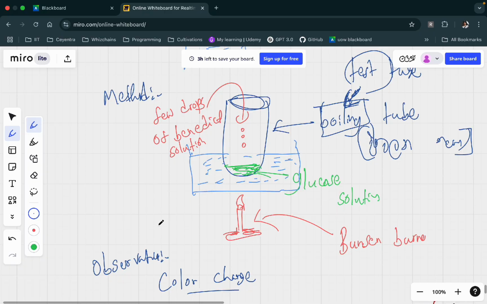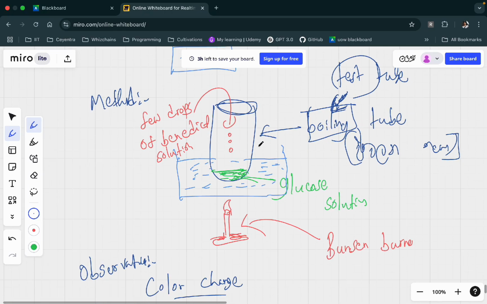And there's one more thing. This is also a challenge for you guys. Why do we need to use a water bath in here? Can you tell me? This is our water bath, no?